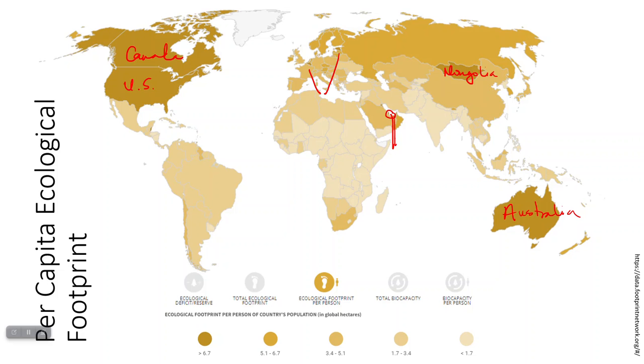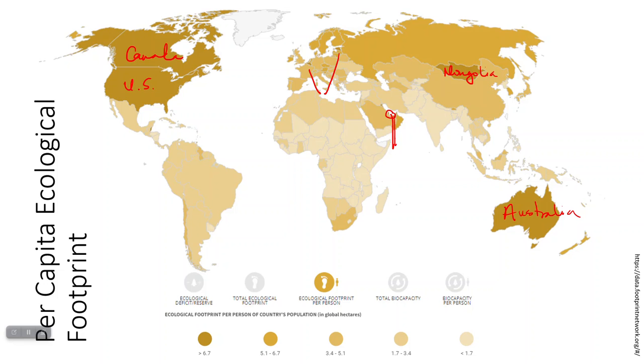If you live in a place like Australia that's very desert, or a place like Qatar, which is desert, the people who live there will either have to import resources from other parts of the world if their land is not capable of producing enough resources to support the population, or they might have to decrease resource use.